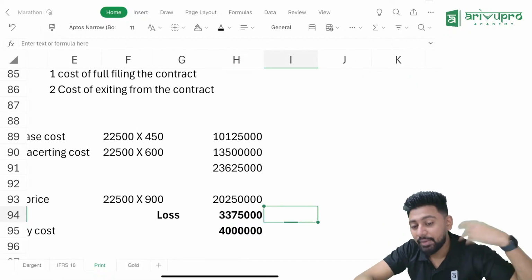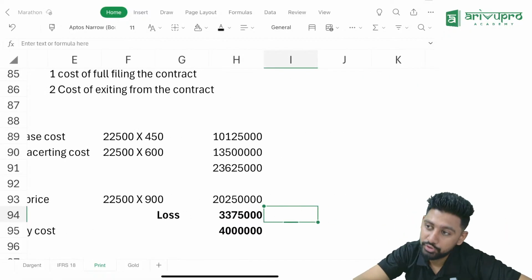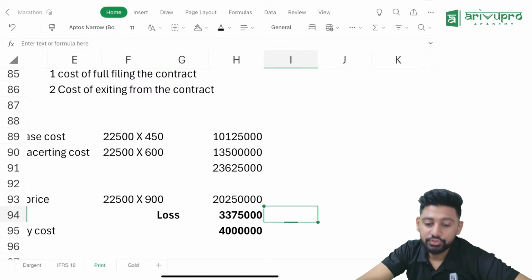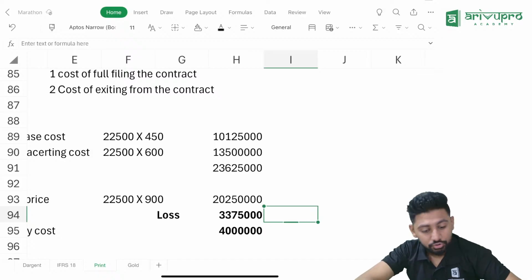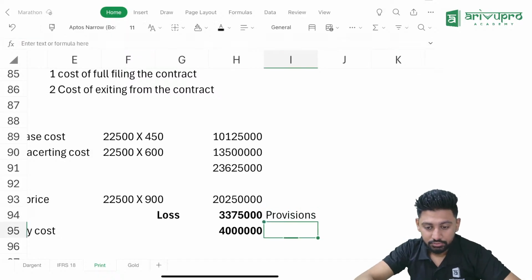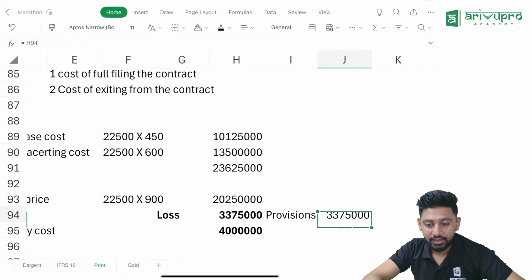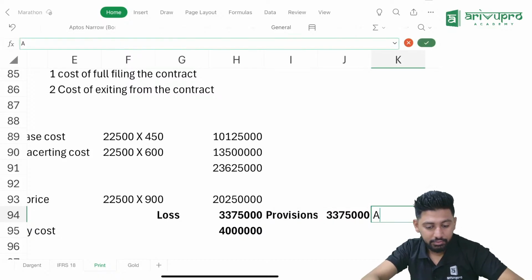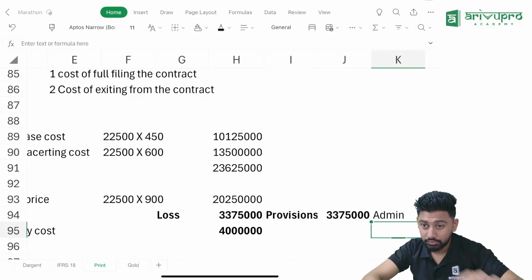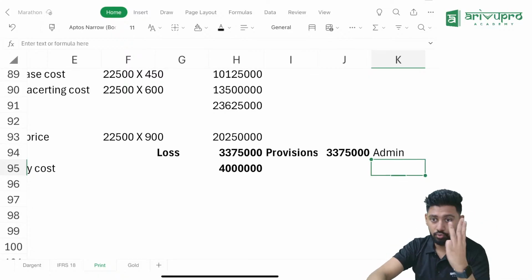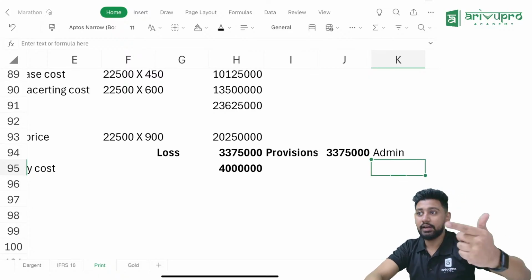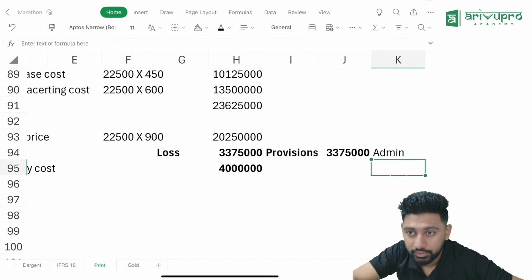So this is my loss. For this, I'm going to provide a provision. The standard requires a provision to be recognized. So the provision, this entire loss, is taken to my admin, correct? And then I have 3 more years to go. Next year is current liability, the following 2 years non-current liability.